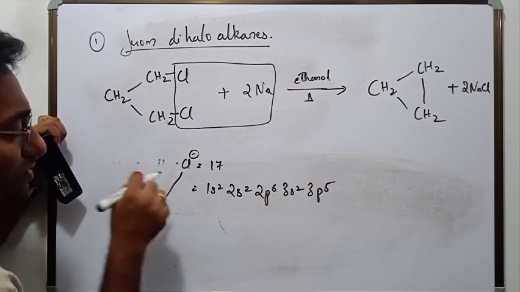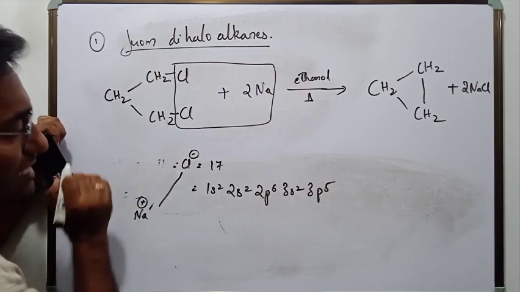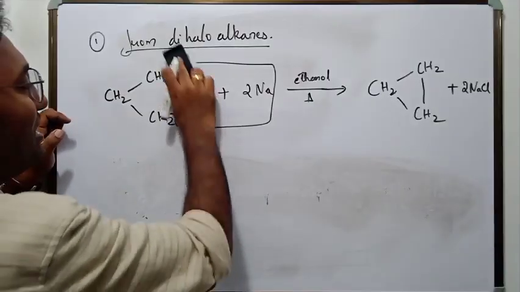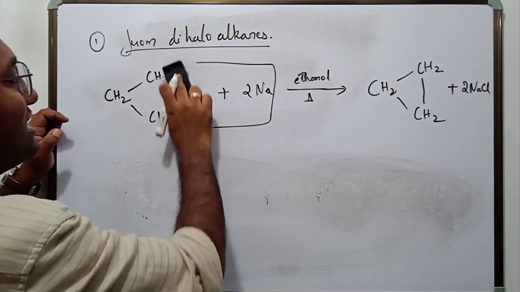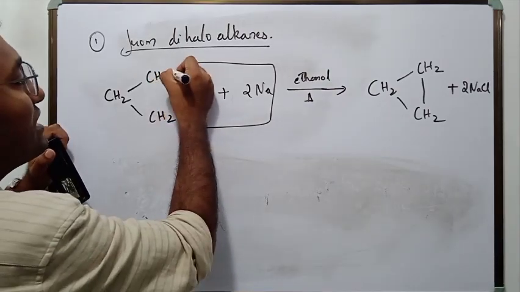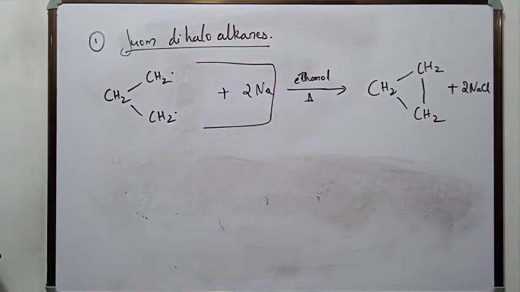So what I want to show you is that it takes its electron but leaves one electron. It leaves the electron of CH2 here itself. It doesn't take that electron.